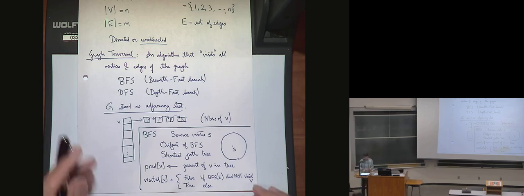This often confuses many students, which is: how does the predecessor array actually store a shortest path tree? So this is just something I want to talk about. If there are any questions, again, ask me.